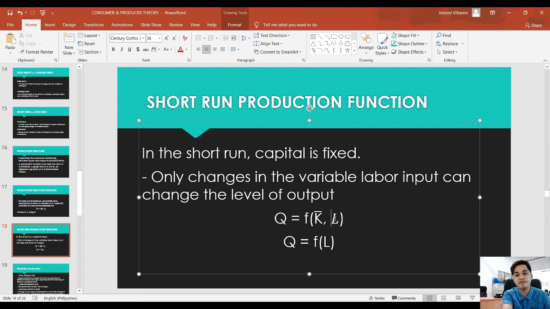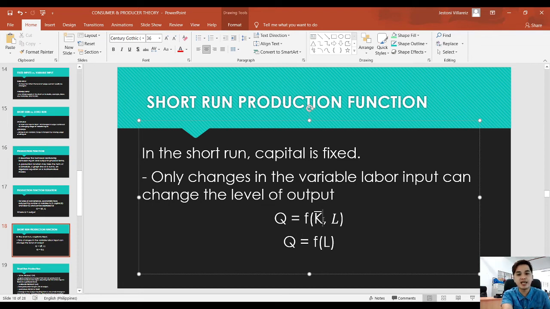You can fire and employ labor anytime you want. Unlike capital, like a machine, a factory, or land, you cannot change it right away. If you want to expand your production, it would take you months or years to create a new building or acquire new technology.